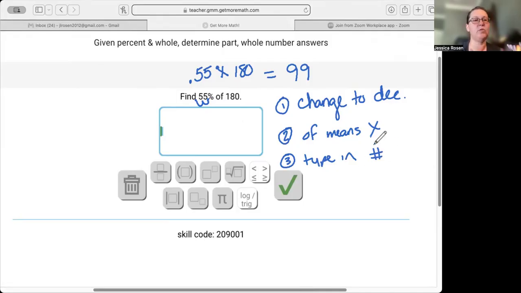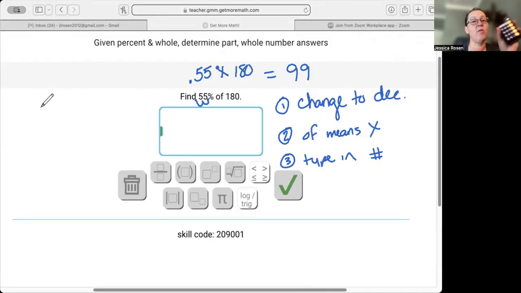The other thing you can do is, lots of times now they have the percent button on your calculator. Let me double check. I could do 180 times 55% in my calculator, and it'll do that. Let me see if it'll do it the other way, 55% times 180, because sometimes calculators are picky. Yeah, you could do that too.